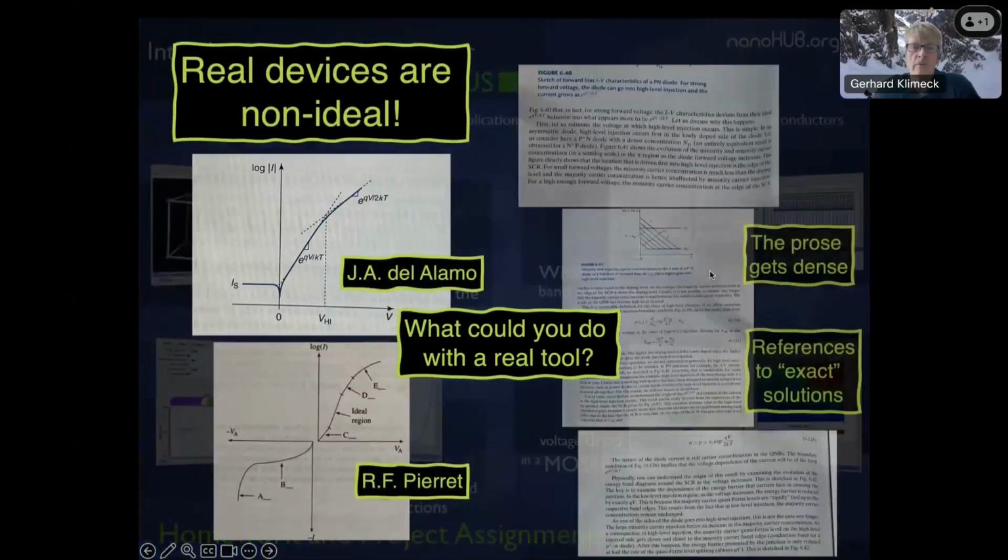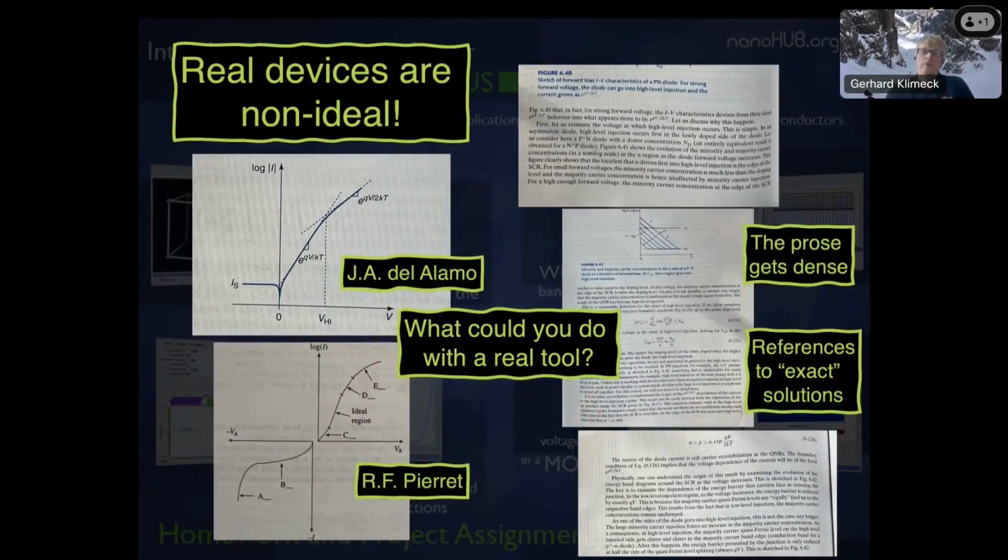So here I peeled out some examples when we're talking about some non-idealities of PN junctions. So here is a modern textbook by Jesus del Alamo, and you have the typical IV curve, and you have a change in the slope.